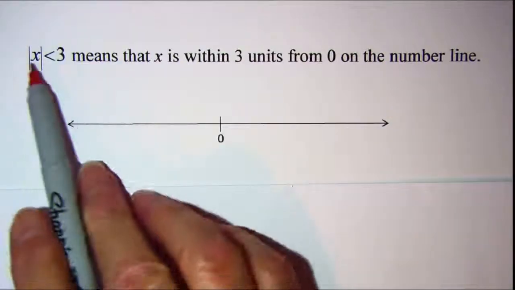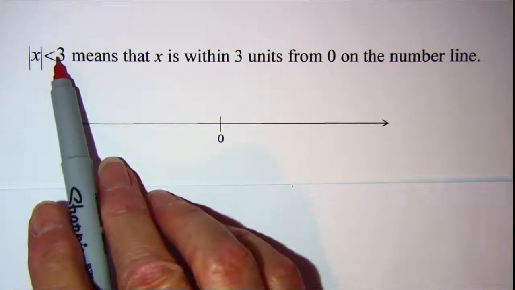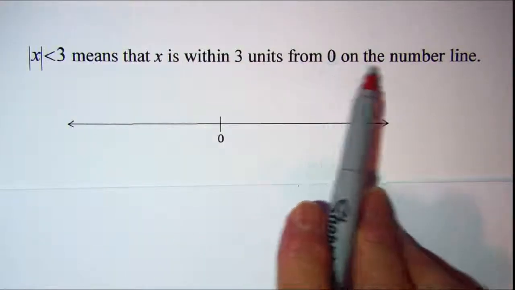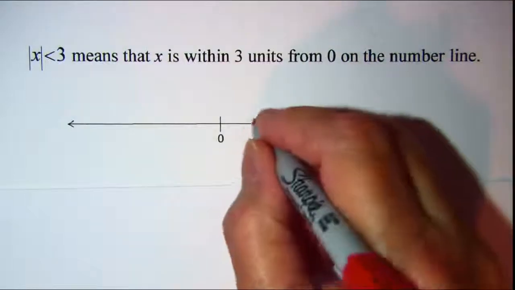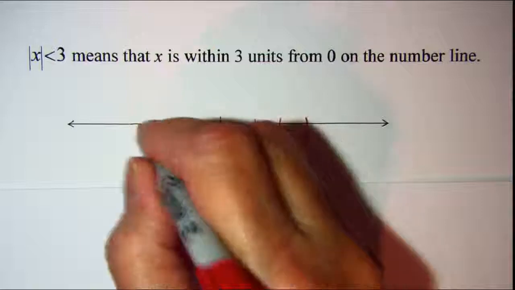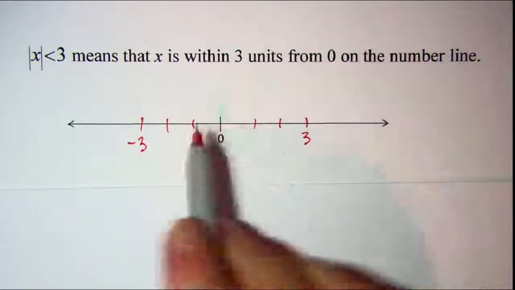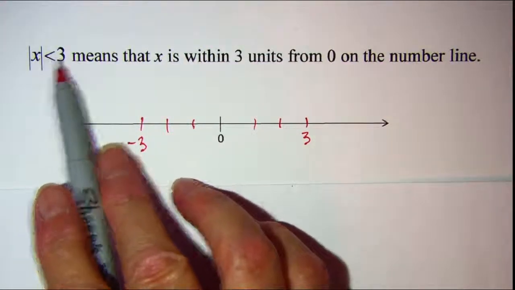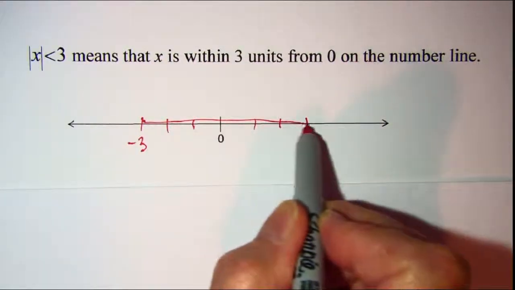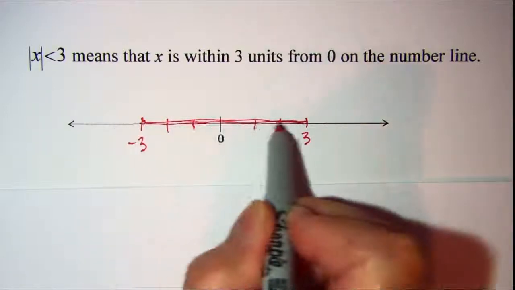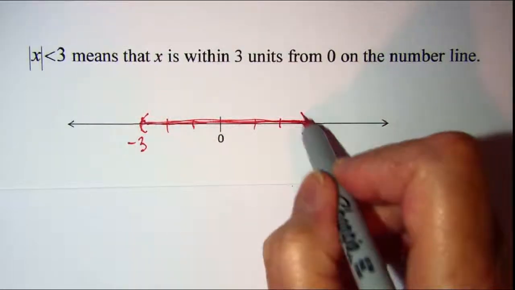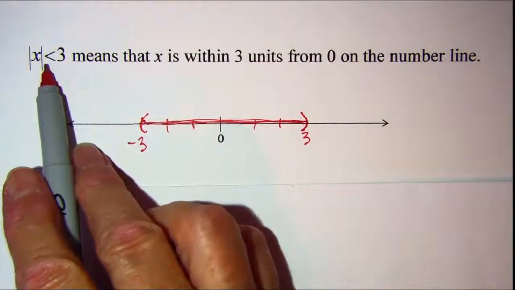Now, if we have the absolute value of x is less than 3, that means that x is within 3 units from 0 on the number line. So 3 units to the right and 3 units to the left, my x is less than 3, so it's within this span between -3 and +3, not including either of those endpoints since this was strictly less than.